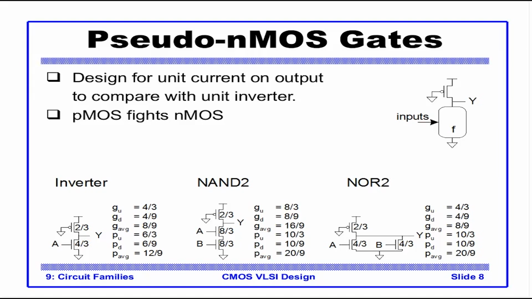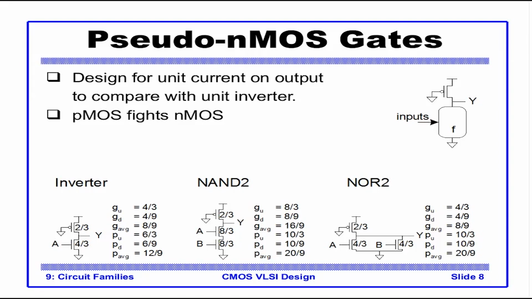In the case A is 0, that is NMOS is off. So in the CMOS inverter also PMOS is on. In this inverter also PMOS is on. So the case of Y being pull up, that is GU means G in the case of pull up, and GD means G for the case where it's a pull down.